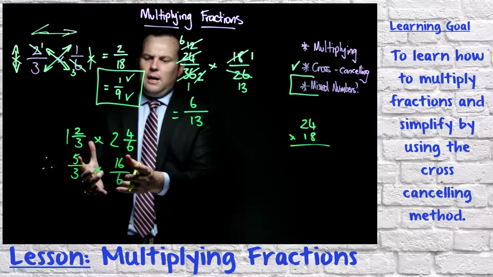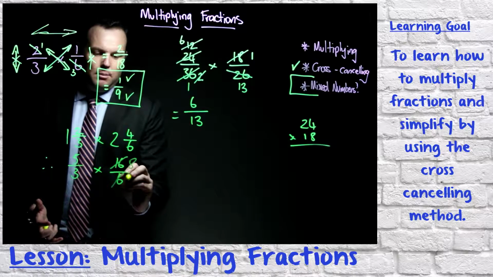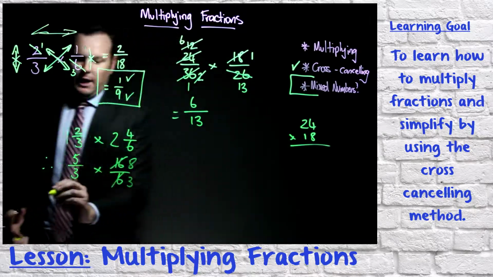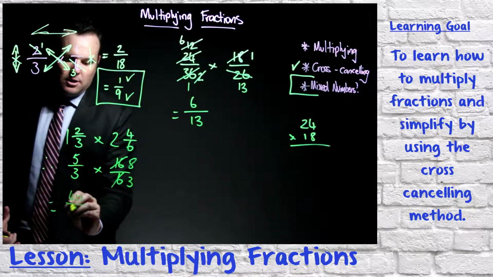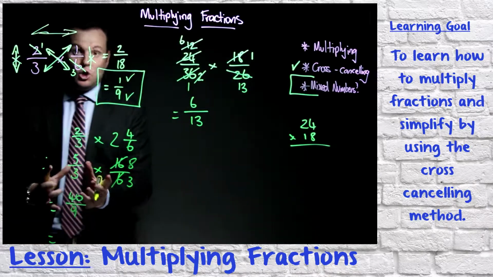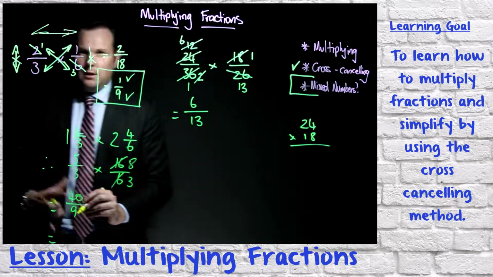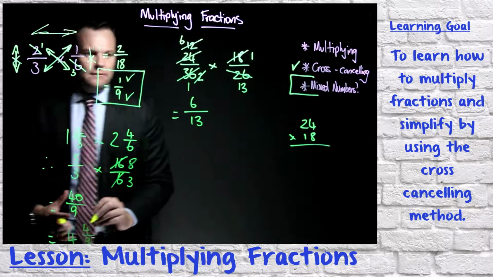Let me have a look there. Yeah, I can simplify those two. That can become 8 and that can become 3, but then that's it. Then my answer would be 5 times 8, which gives me 40, and 3 times 3, which gives me 9. Then obviously I can turn that into a mixed number. 9 goes into 40, 36, which is 4 times with 4 over 9 left over.